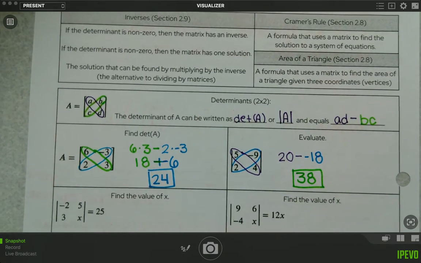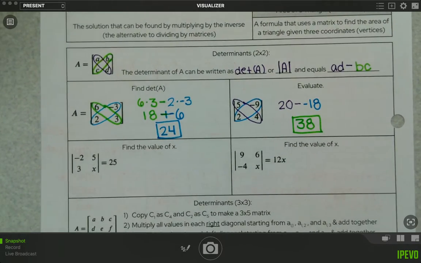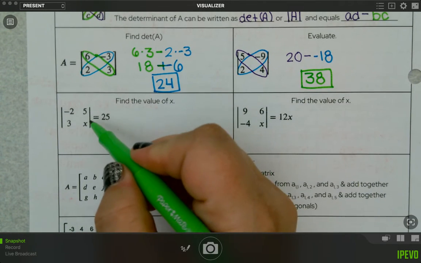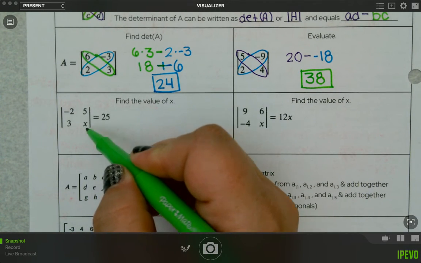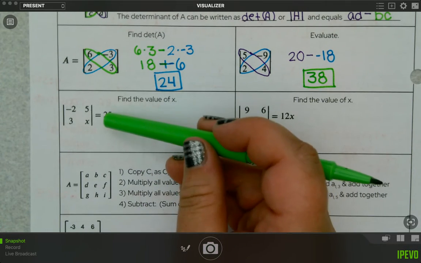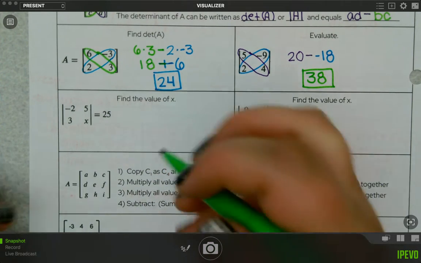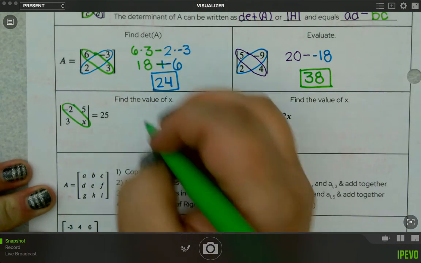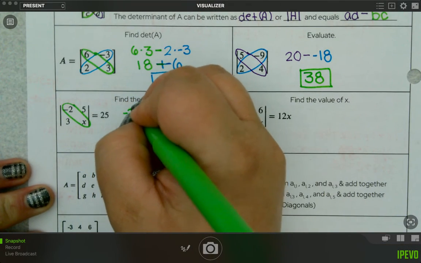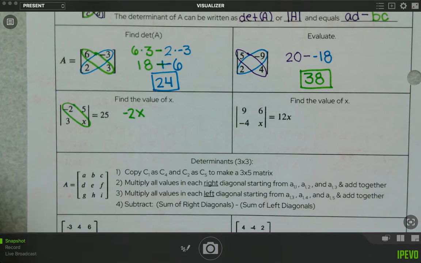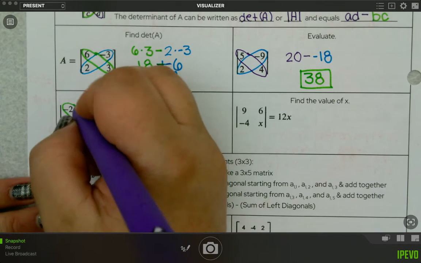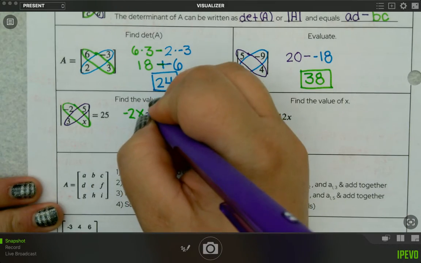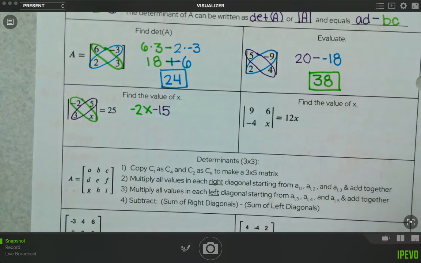Then we're going to use it to find the value of x. Same idea is going to follow, but you'll notice that one of the pieces is missing. Okay? And we know what the determinant is this time. So same idea, negative 2 times x is just negative 2x. Then, in the other diagonal, 5 times 3 is 15. And we subtract them.